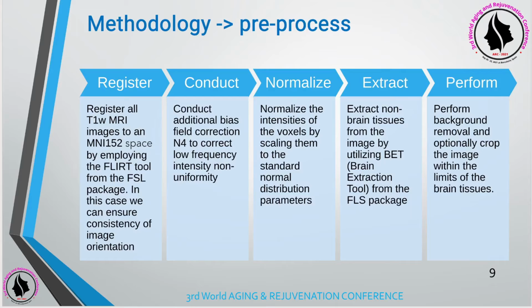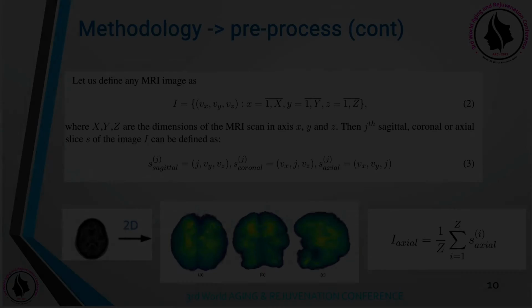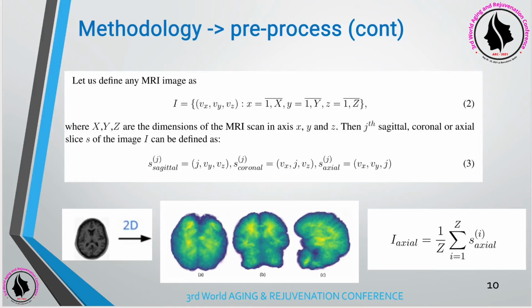Finally, we extracted non-brain tissues from the images, performed background removal, and cropped the images within the limits of the brain tissue. To reduce the computational complexity of the problem, we decided to convert our 3D pre-processed T1-weighted images to 2D by applying Formula 2 and Formula 3.